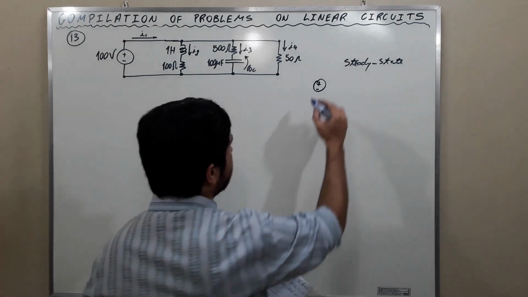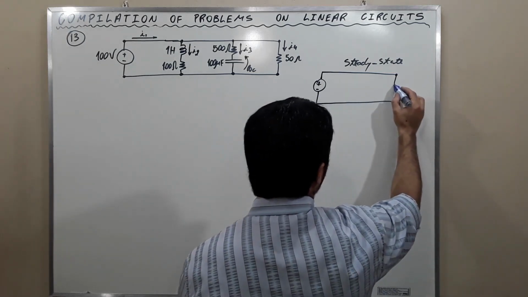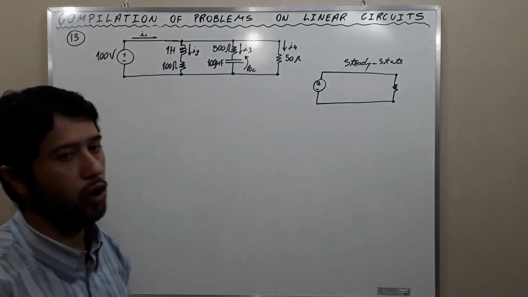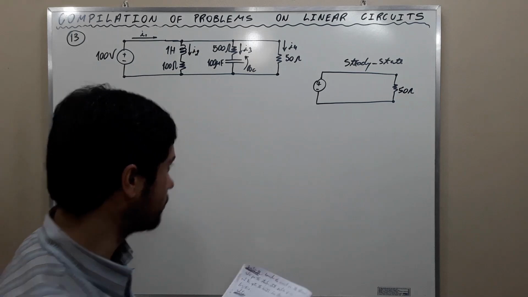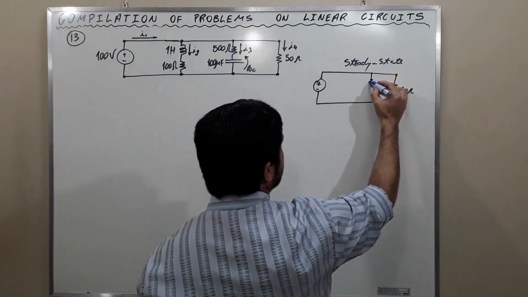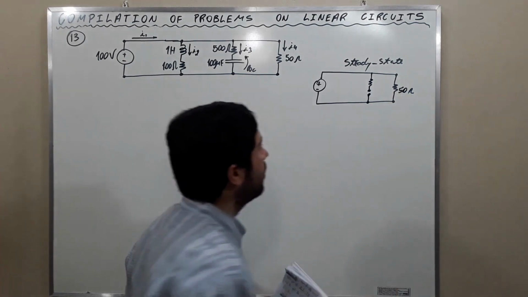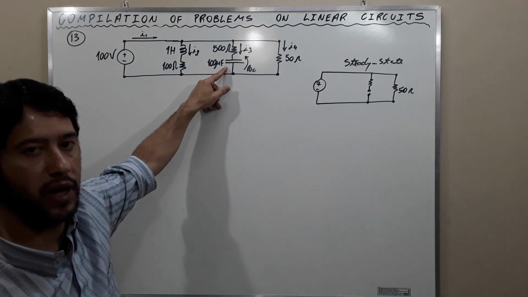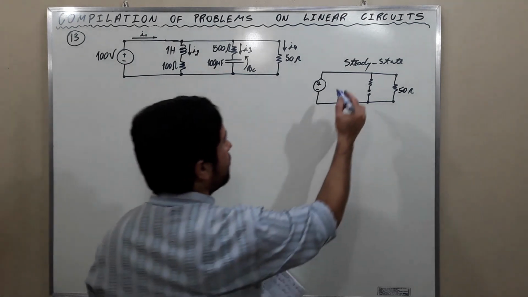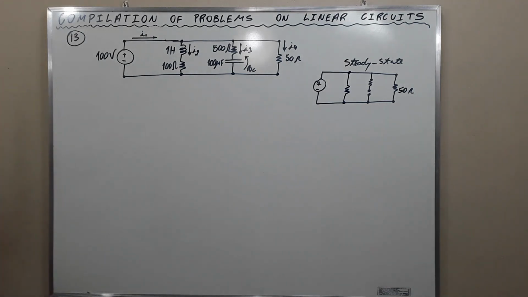The power supply, the 50 ohms resistor, this branch here is open because, as we concluded, the capacitor behaves as an open circuit, and here we represent only the resistance because the inductor is behaving as a short circuit.